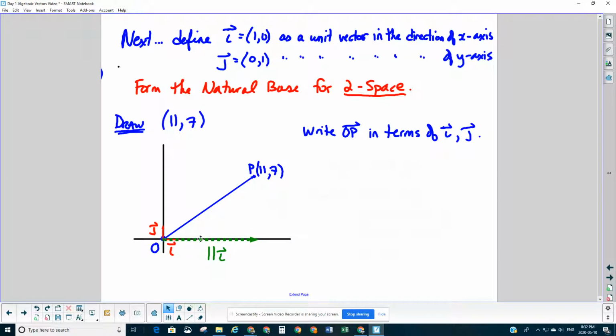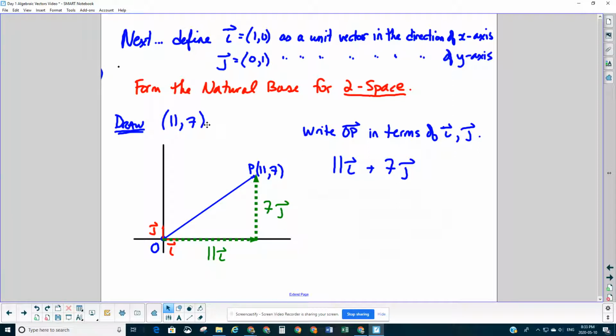Well, there would be 11 of those because it goes from here all the way over to x equals 11. And there are 7 j vectors. So we could describe this vector like this, 11i plus 7j. And this is just a different notation for the exact same algebraic vector that we just call 11, 7.